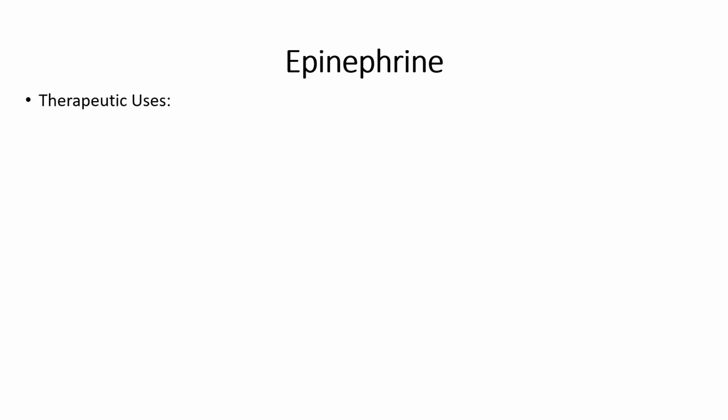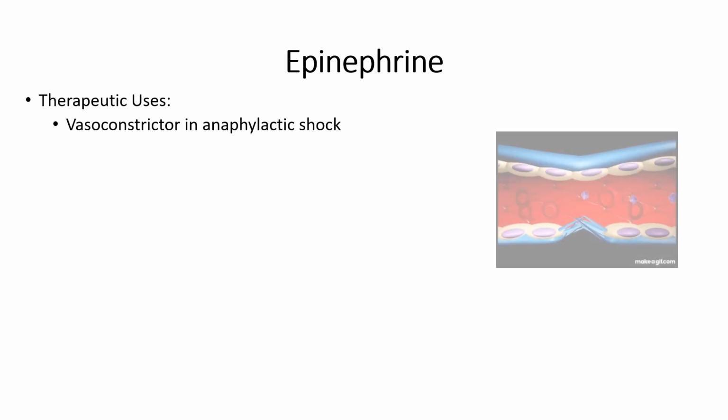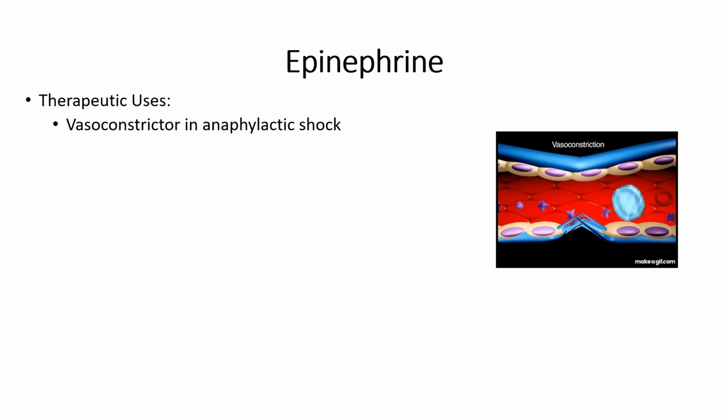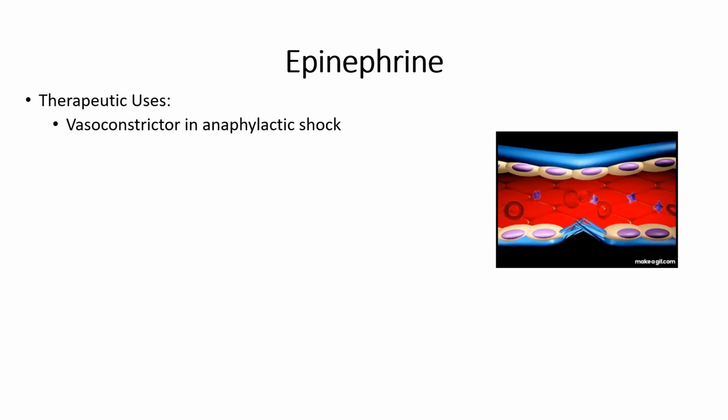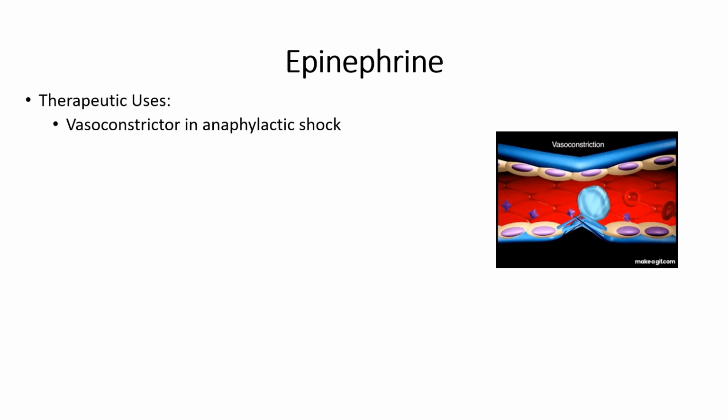Epinephrine can activate almost all adrenergic receptors, and because of that, it is a treatment of choice for anaphylactic shock. So activation of alpha 1 receptors by epinephrine leads to vasoconstriction, which in turn increases blood pressure, thus relieving shock.